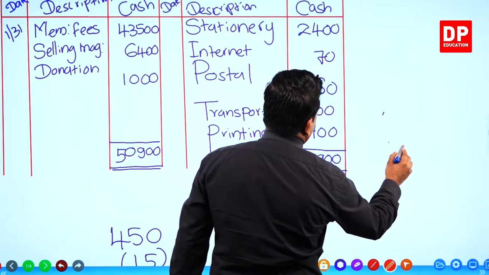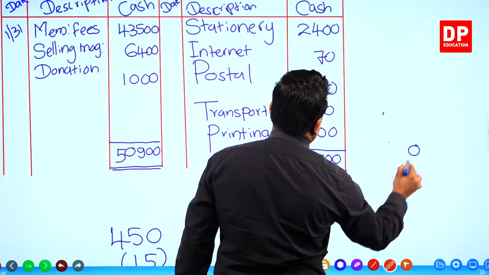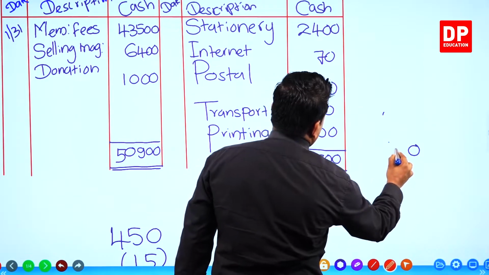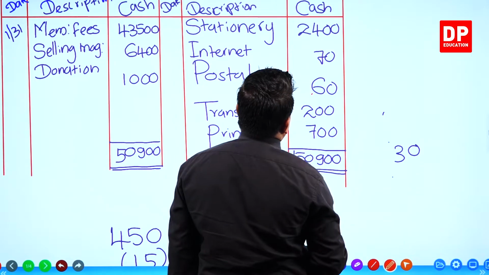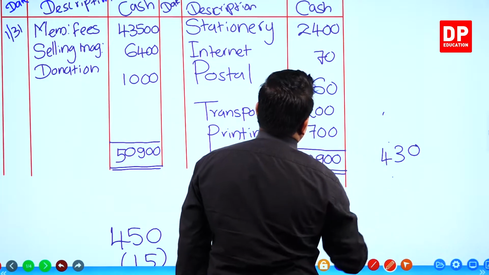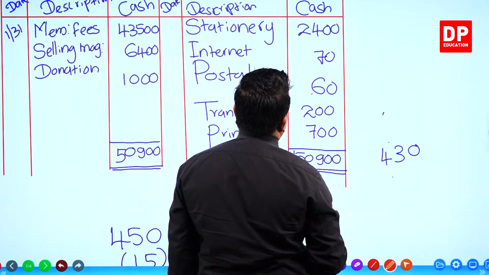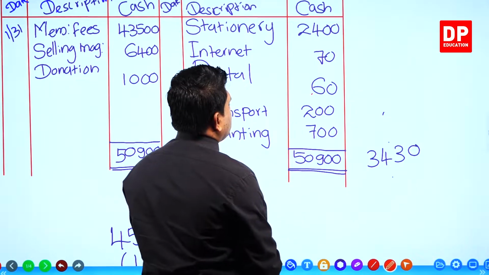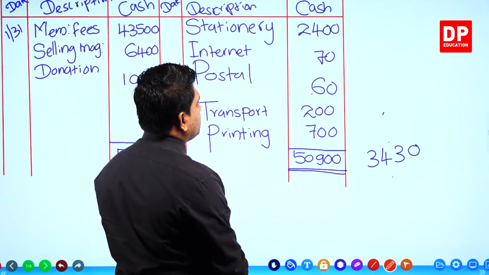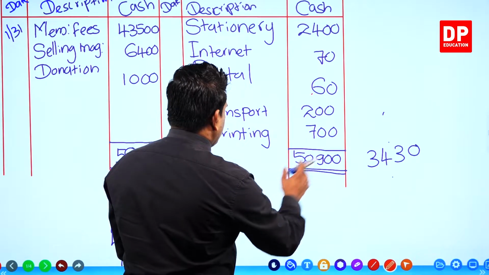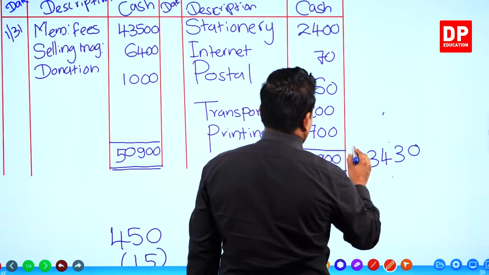Here you can write it: 3, 4, 30. Check it again. Yeah, 3, 4, 30. Then 50,900.